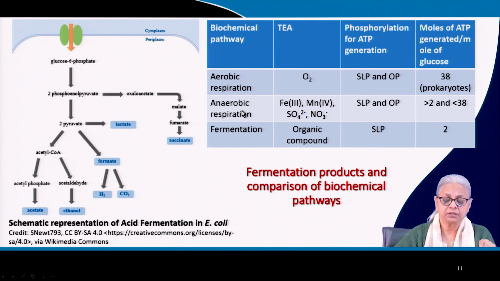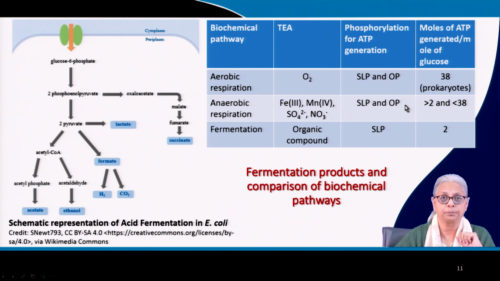So you have substrate level phosphorylation but no oxidative phosphorylation. Now in anaerobic respiration, we are going to go into more details about these three pathways in the next topic. We will be doing a lot of quantification of all these compounds, how much energy is released, how the bacteria utilize that energy, and so on. These are the possible terminal electron acceptors: Fe3, Mn4, sulfate, nitrate, and so on.